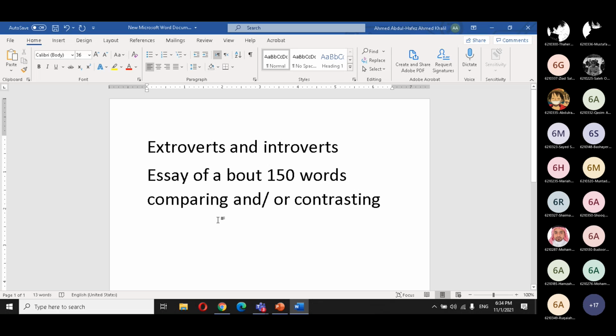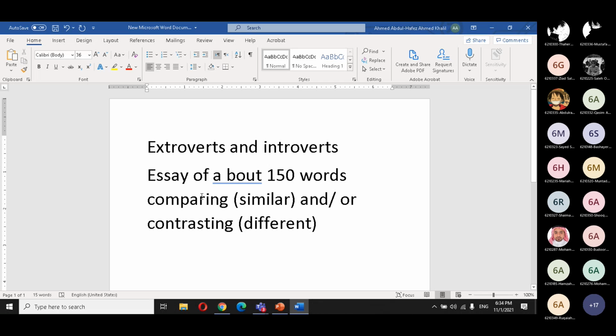Now we know that comparing means you talk about the similarities. Contrasting means you write about the differences. To compare means to show what is similar. To contrast means to show what is different.